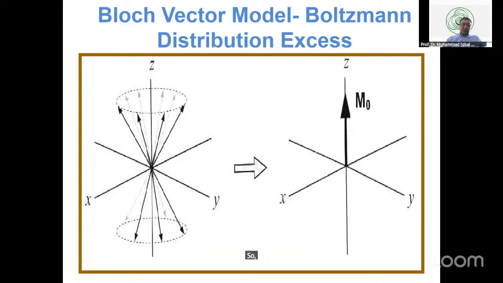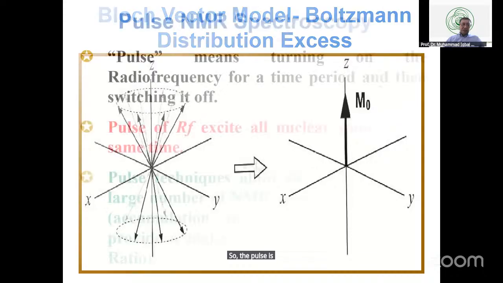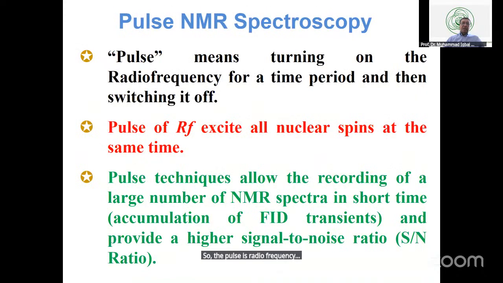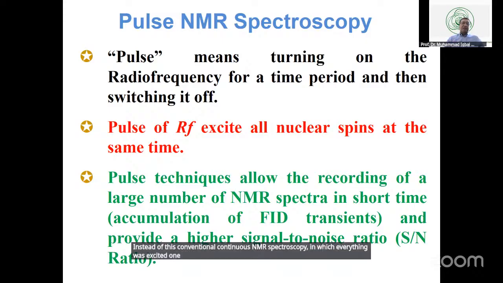So the pulse is radio frequency. It means turning on the radio frequency for a small time period and then switching it off. Okay. This radio frequency pulse excites all nuclear spins at the same time, instead of this conventional or continuous NMR spectroscopy in which everything was excited one after the other.